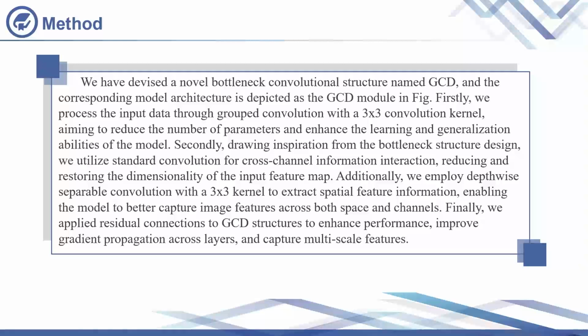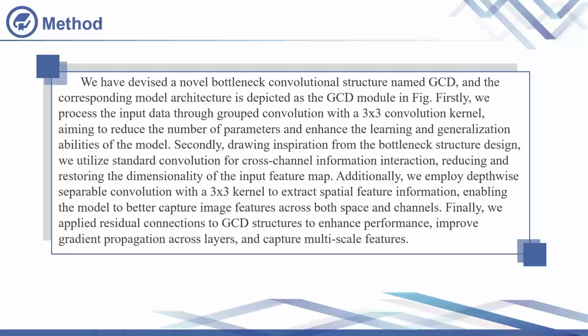We have devised a novel bottleneck convolutional structure named GCD, and the corresponding model architecture is depicted as the GCD module in Fig. Firstly, we process the input data through grouped convolution with a 3x3 convolution kernel, aiming to reduce the number of parameters and enhance the learning and generalization abilities of the model.